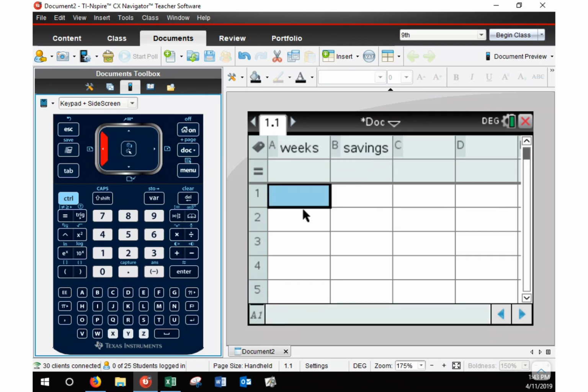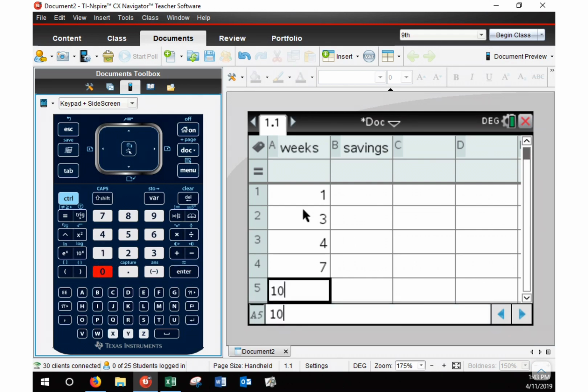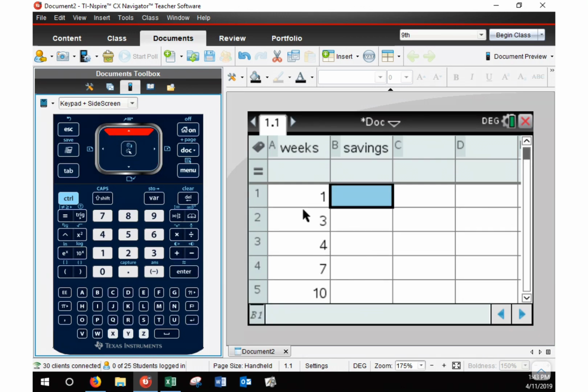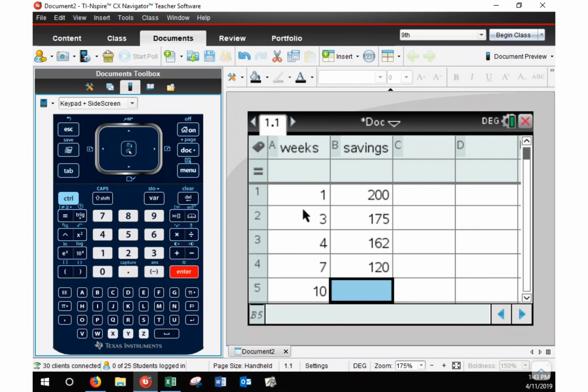Then we are going to enter in our numbers. So 1, 3, 4, 7, 10, 13, 20, and then we put in the other side, making sure they match up. With 1 was 200, then 175, 162, 120, 87, 57, and finally 5.